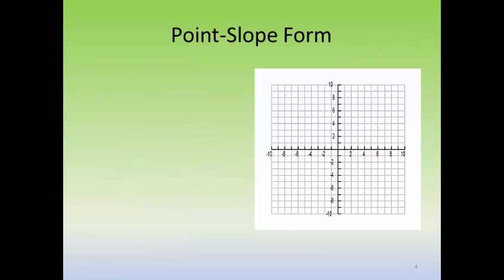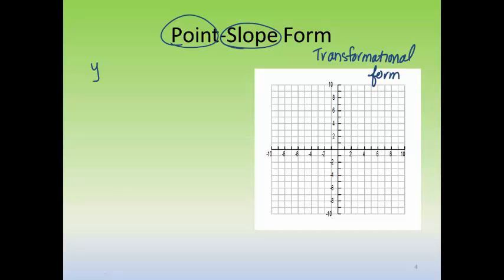Our third form is called point-slope, and the point-slope form has exactly that in it, a point and the slope. This form, otherwise known as transformational form, will look like this. Y minus y1 equals m times x minus x1.